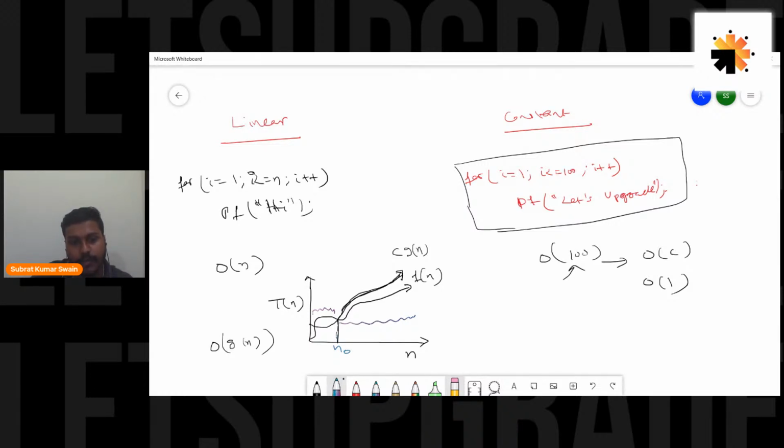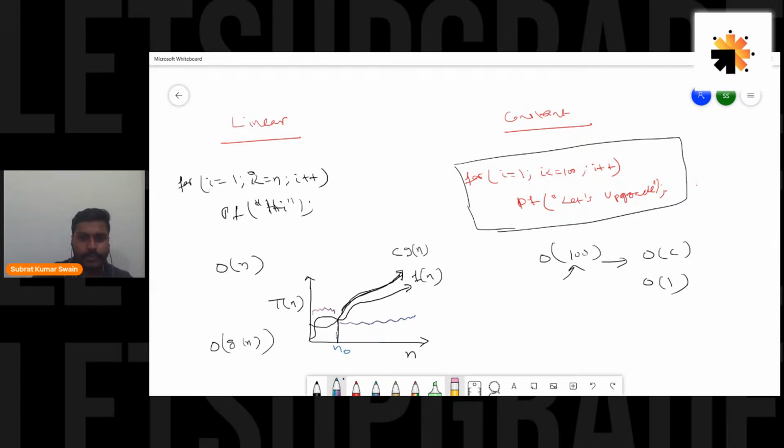After this point, let's say n naught, c·g(n) is always greater than f(n). But before that, the behavior is different. That's why I said we should not compare two algorithms by assuming very small input. We should compare assuming a very large set of input, and based on that, compare on the basis of time complexity. Got it? I hope the point is clear.